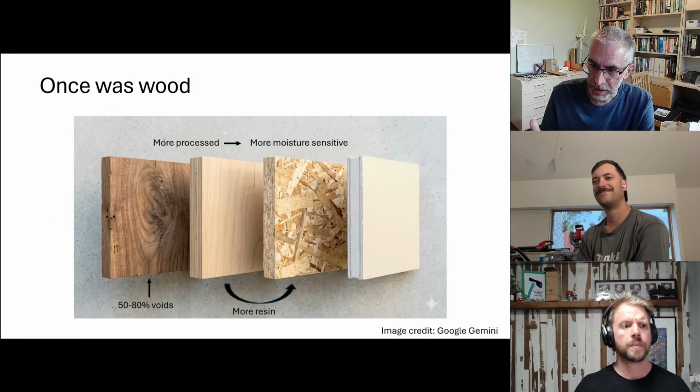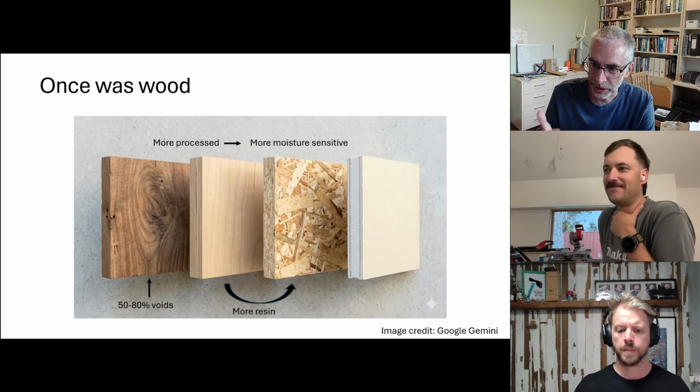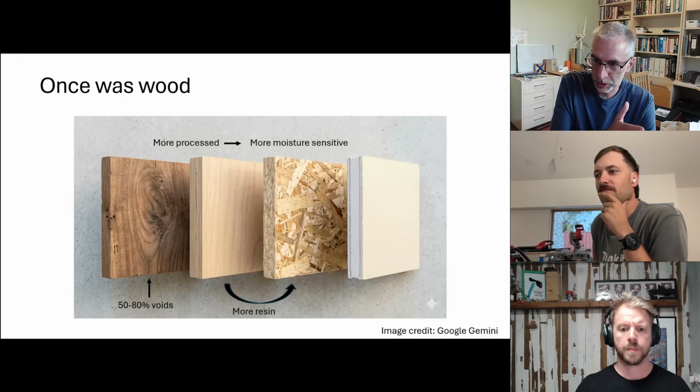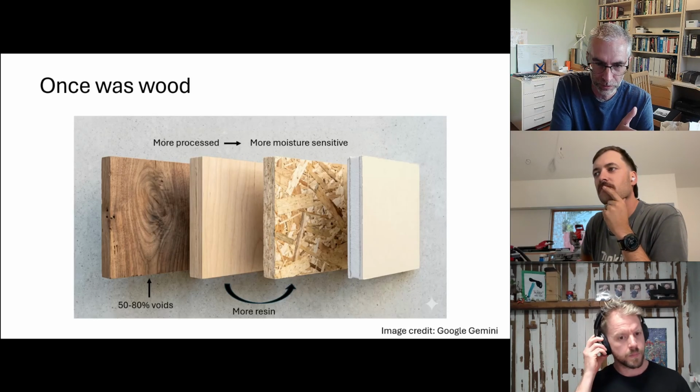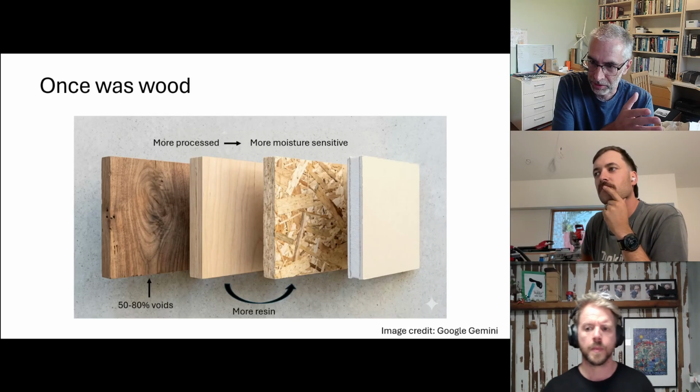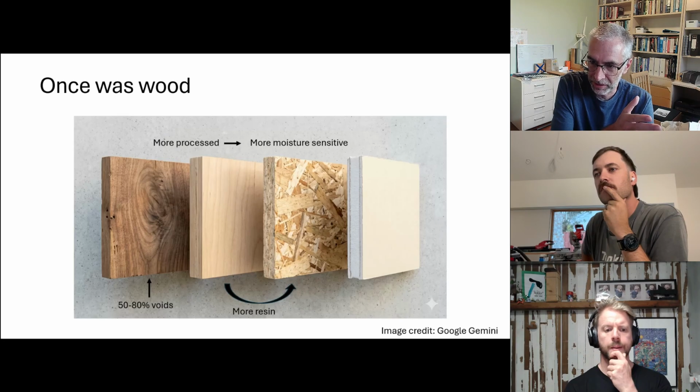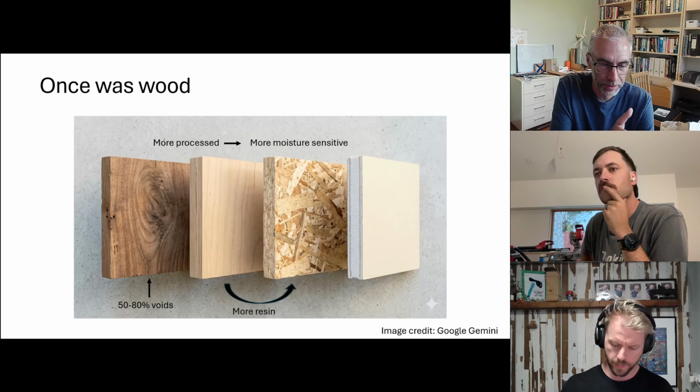All of these engineered timber products are in some way related at the outset to wood. Wood, as we know, is a really useful structural product. It's essentially air. At least half of it is air voids, which is why it's relatively light compared to some other materials.